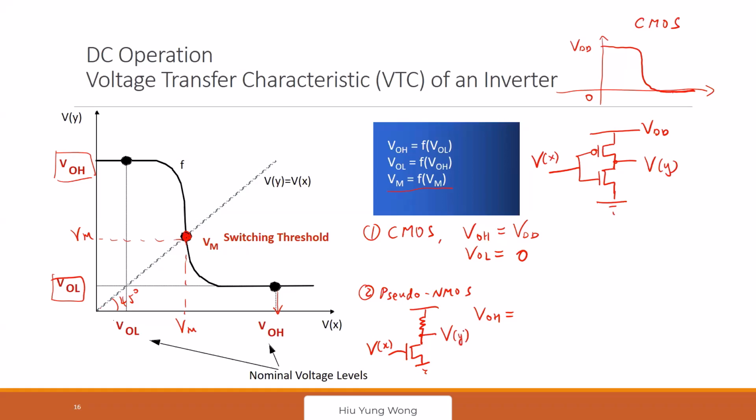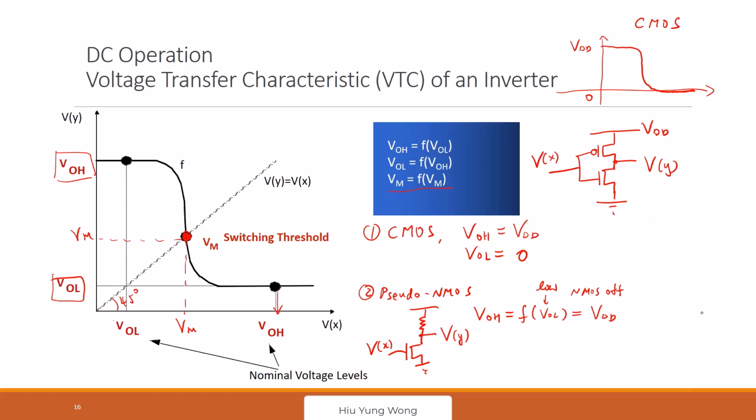What will be the input when it is output high? The input is low, so the NMOS is what, on or off? Off. So if the NMOS is off, what is the output?